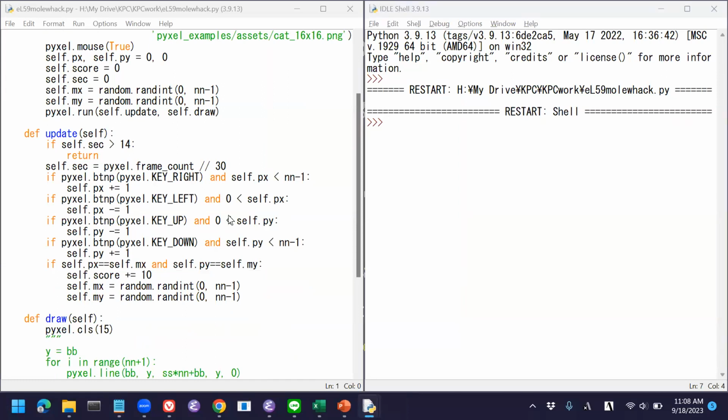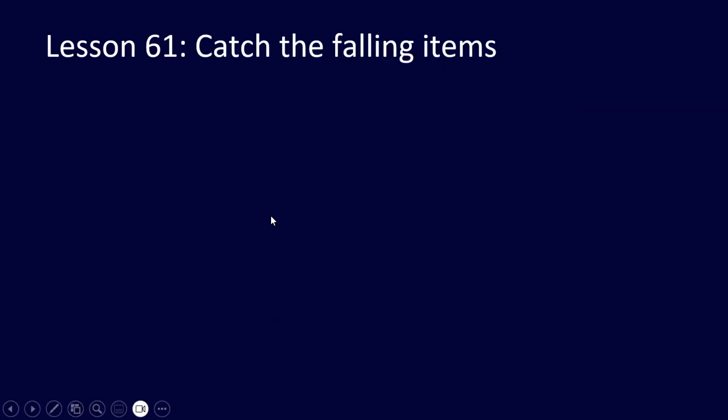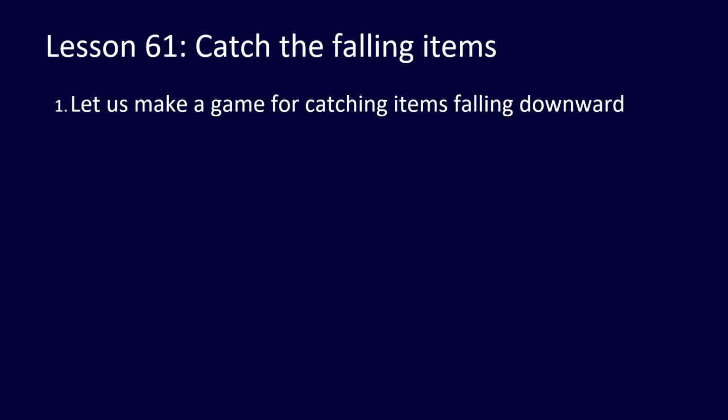Okay, so let's make another game today: catch the falling items. Again, we're going to use the keyboard, but it'll be a combination of the bouncing ball and whack-a-mole. Let me make a ball for catching items falling downward. First, we should decide what kind of game it would be.